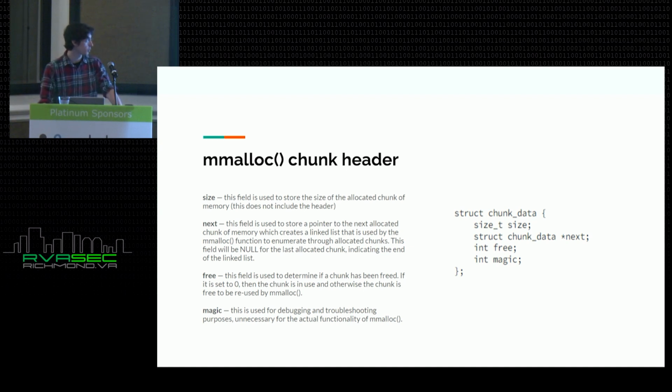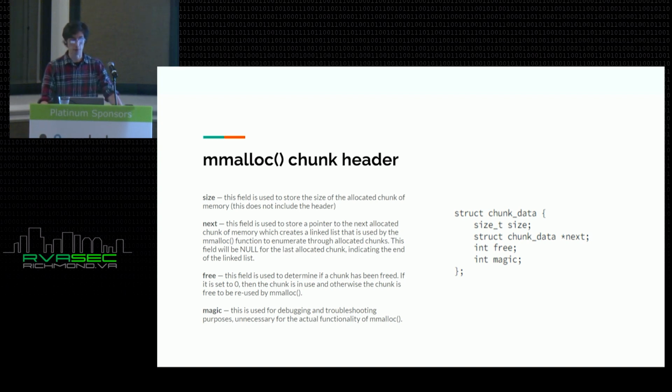As we can see, this is our example of a header that describes our chunk, and it's got 4 different fields. The first field is the size. This field just stores the size of the requested area of memory. This does not include the header in and of itself, so I'll have to do a little bit of calculation around supporting that header as well.